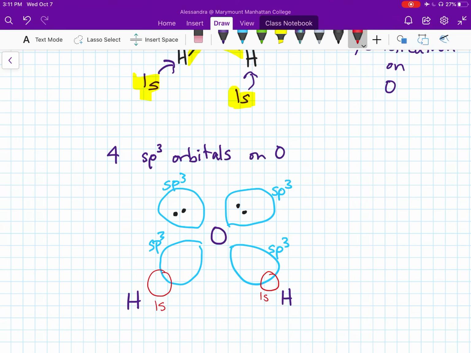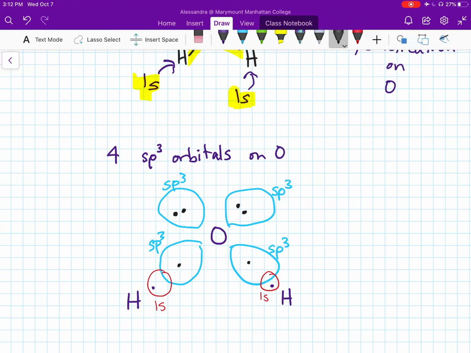Now, hydrogen is going to bring 1 electron to the table, and oxygen is going to bring 1 electron to the table. So I can make a bond by having the oxygen and hydrogen share electrons. That's just a classic covalent bond.